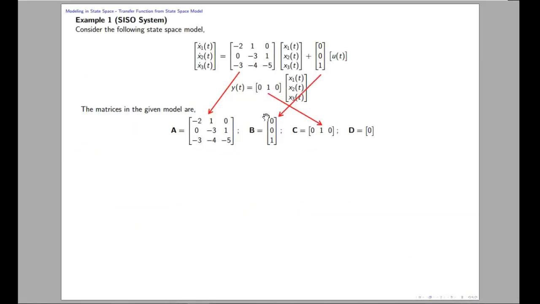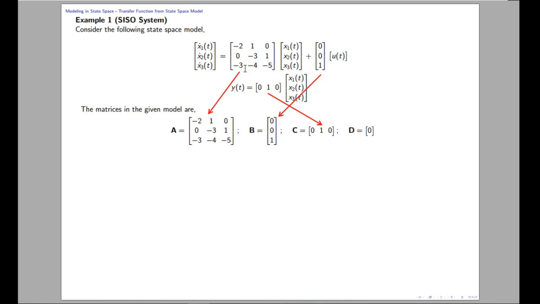So we are taking 3 problems. The first example is on SISO system. Okay, single input, single output system. So this is a state space model given. For this state space model, we are going to get the transfer function of the system. Okay. So obviously this is a single input, single output system.